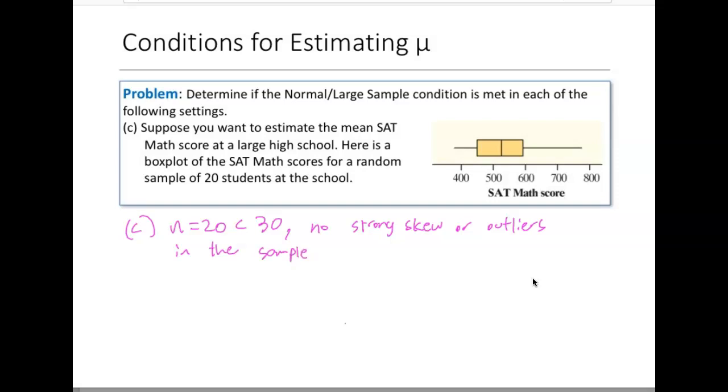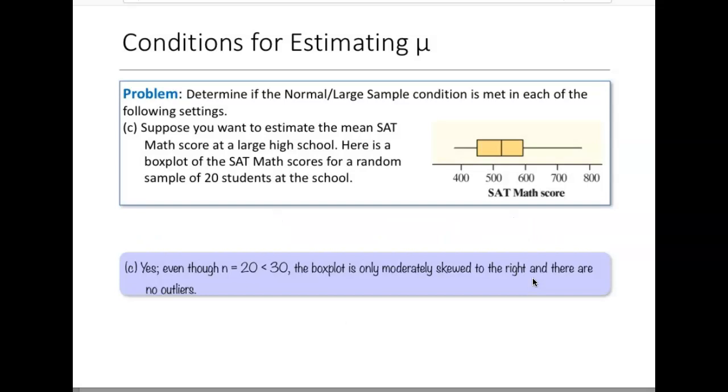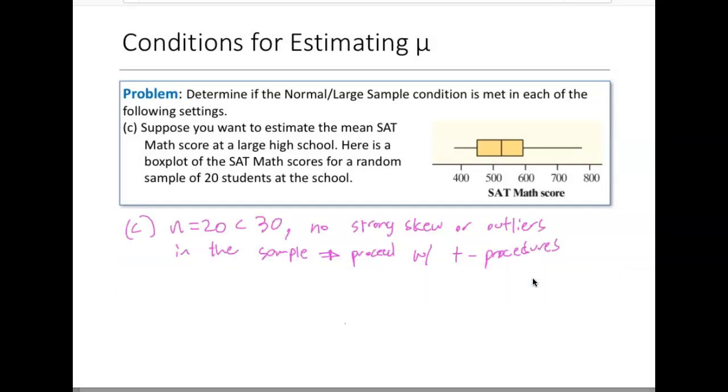Like there may be a slight right skew. That's okay. It's very slight in this case. So we would say to go ahead and proceed with what we'll call T procedures, which is either creating a confidence interval for the mean or running a significance test. Oh, sorry. So ding, yes, we're going to say it's satisfied.